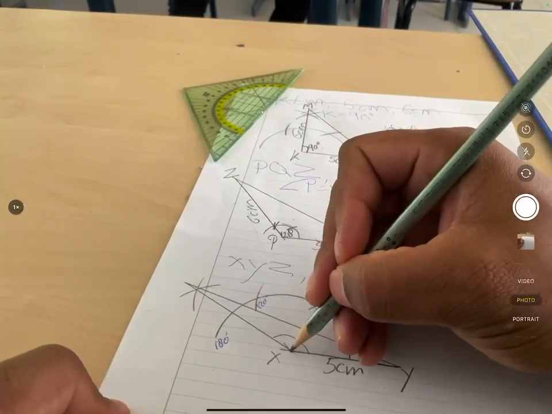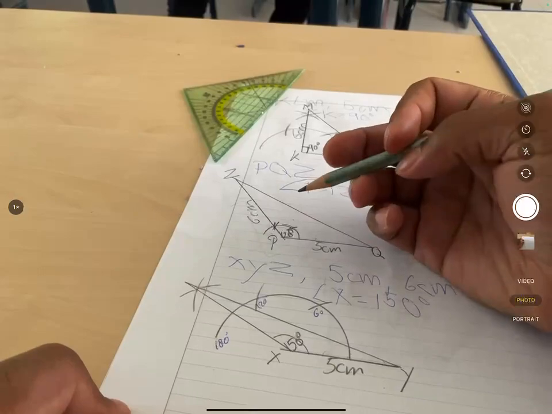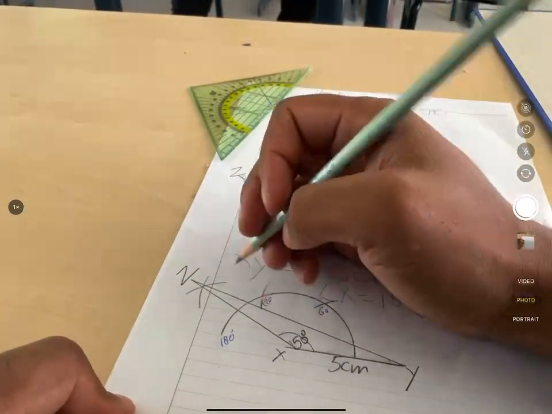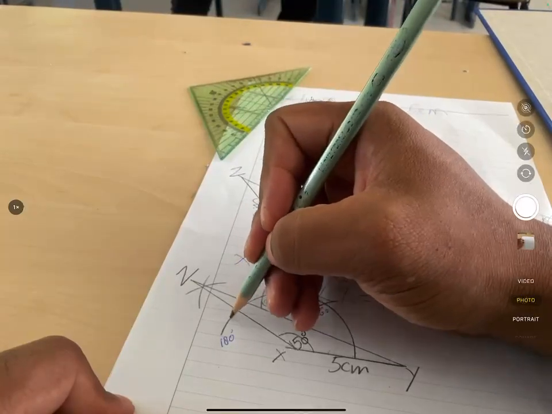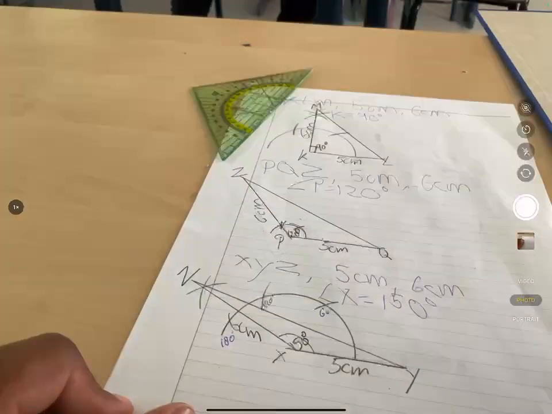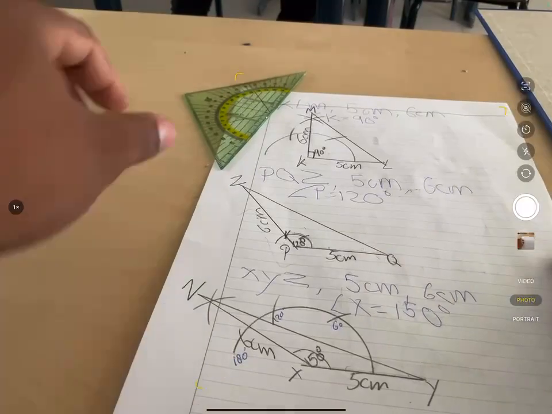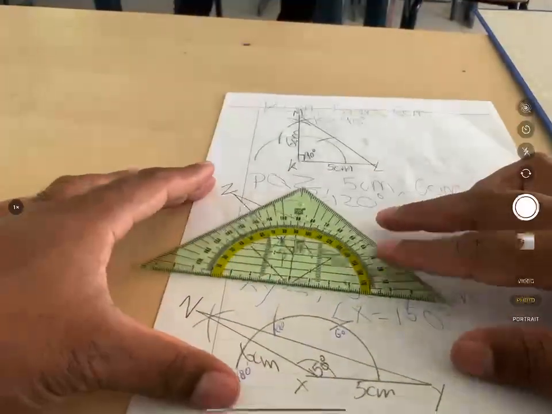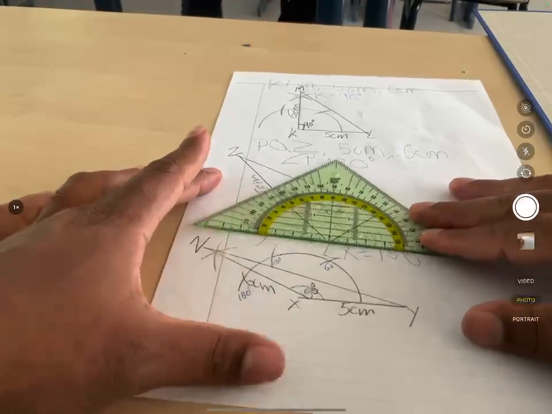We have 150, Z, and you have 6 centimeters. How do you measure it? You take your compass, protractor, all of that.